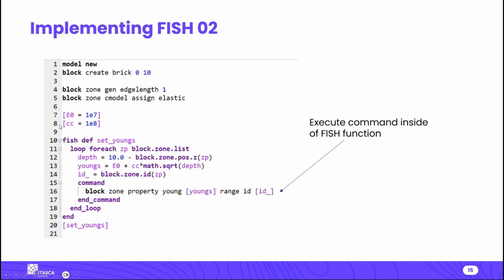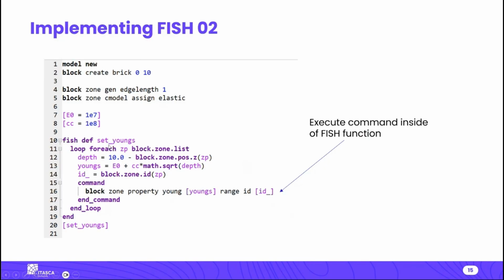You can also put a command inside of a fish function. So here's, for example, a fish function that will set the Young's modulus on zones. And so you can do that with the command. You've seen this before, block zone property Young. You give some Young's modulus, which could be a fish variable. But here what we're doing is setting a different Young's modulus for all the zones.